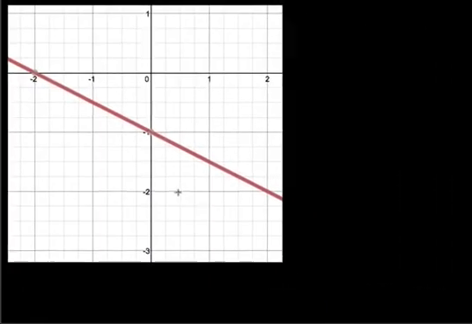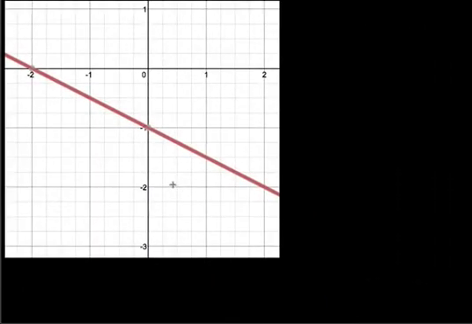All right, here's another one. Again, I see this is going to be negative. And I'm going to try just using the line this time. Let's see if we can just do this with the line. I'm going to try and find my change in y, that's the vertical, the up and down change.